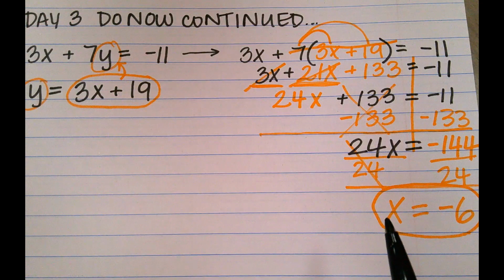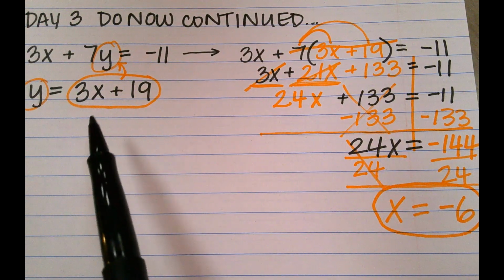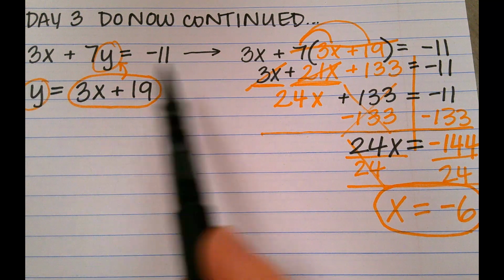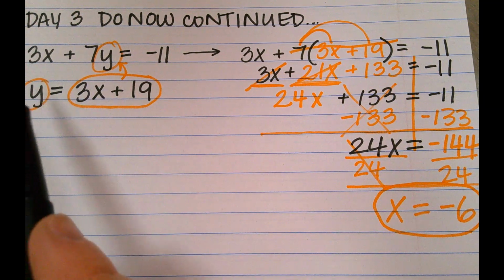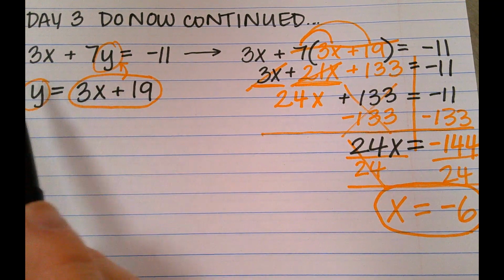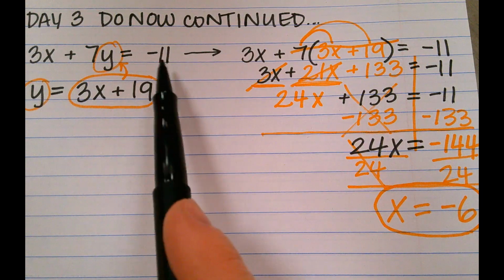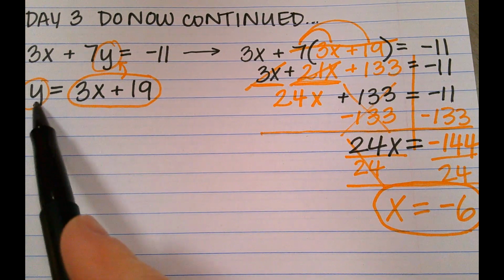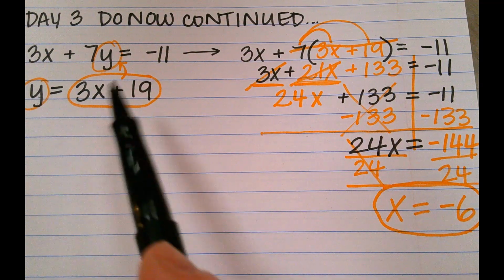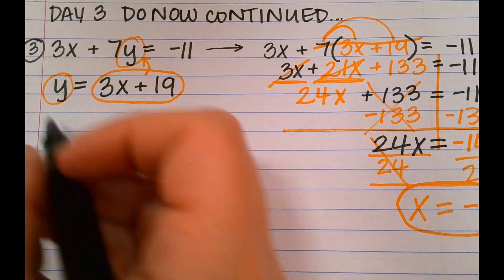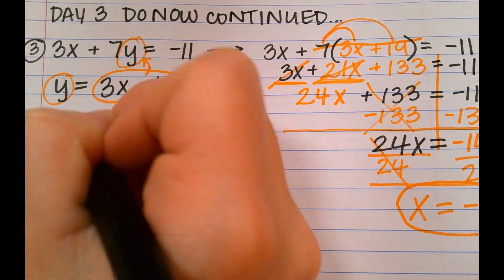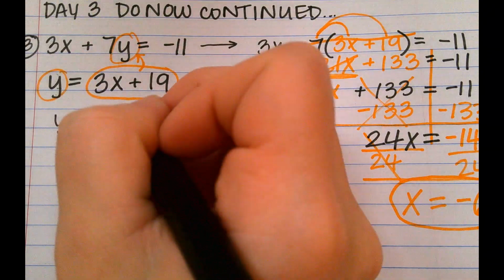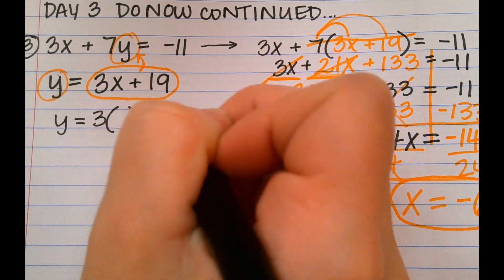Right by that 3 in the second equation. So we use the standard form equation first. We plug into that, the ax plus by equals c. Then, once we've solved for x, we plug into our y equals equation, our slope-intercept equation. So I'm going to rewrite this equation as y equals 3 instead of x, negative 6 plus 19.